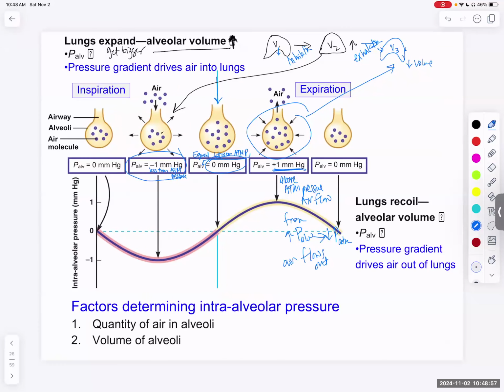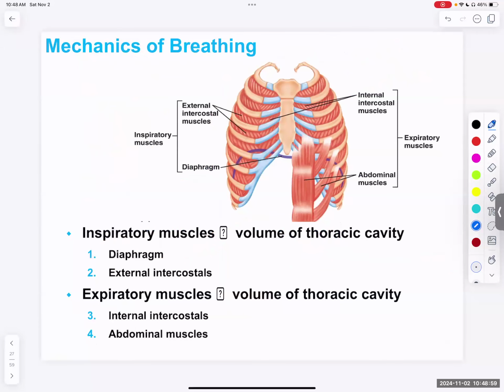So breathing mechanics are this. Inspiratory muscles, this is bringing air in. We are going to increase the volume of the thoracic cavity.